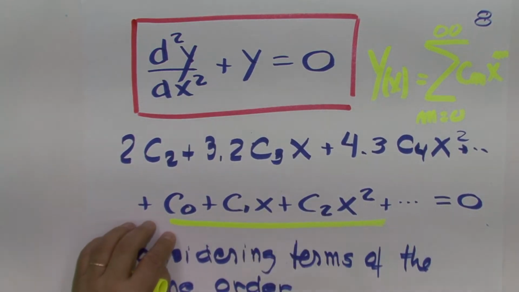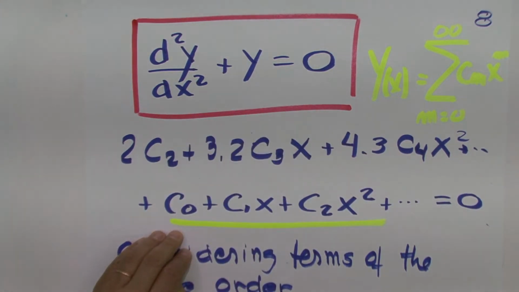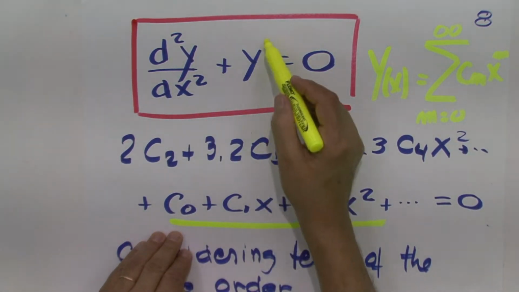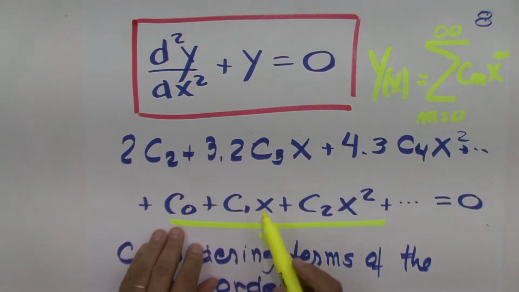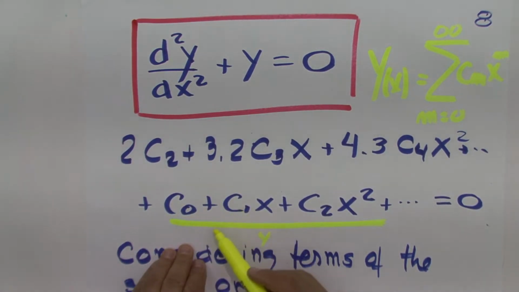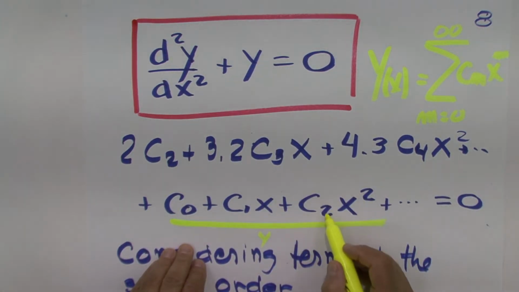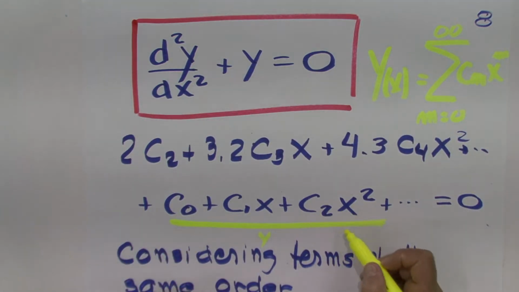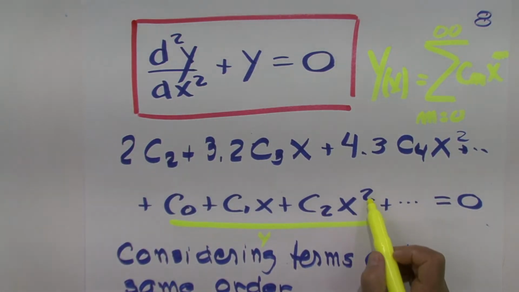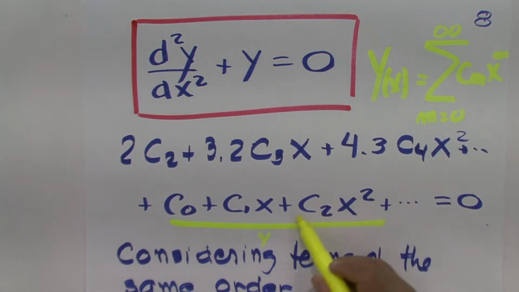And I'm going to take the second order derivative to put in this place. So this is what I put here. This is y. And now, as you know, the second derivative, this term disappears, and I'm going to get 2c2, independent, because the first derivative will give me 2c2x, and the second derivative will give me 2c2.